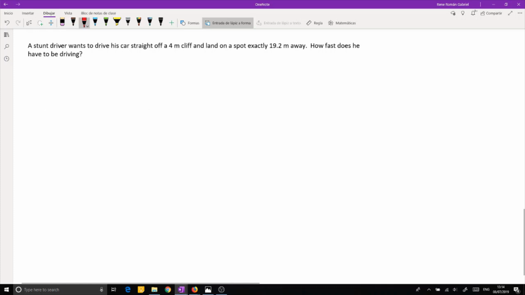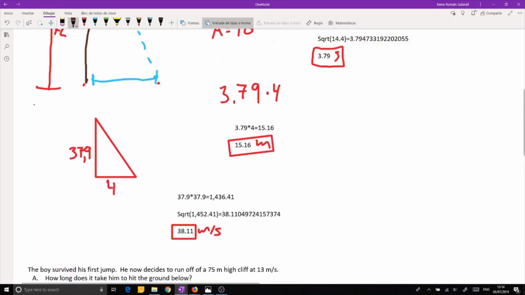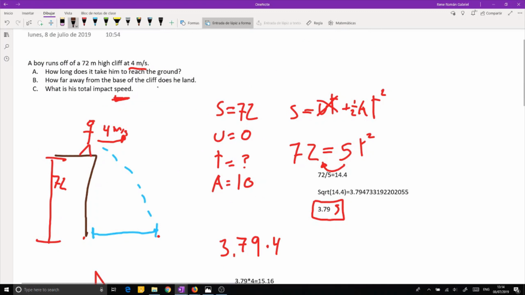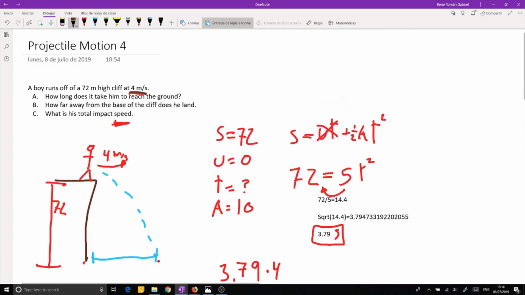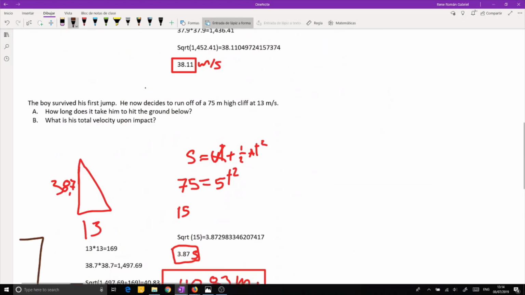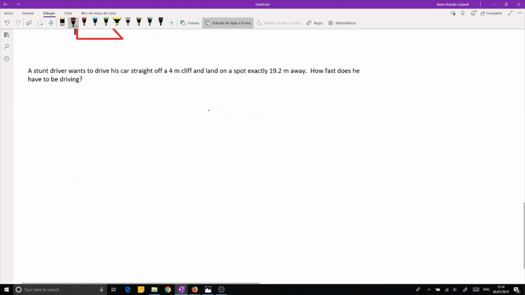Well, this basically would be the exact same thing as the one where they asked us how far away from the base, but instead of giving us the velocity and asking us how far away from the base it comes, they tell us how far, and then we have to figure out the velocity.